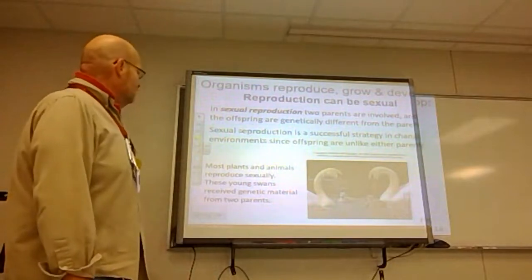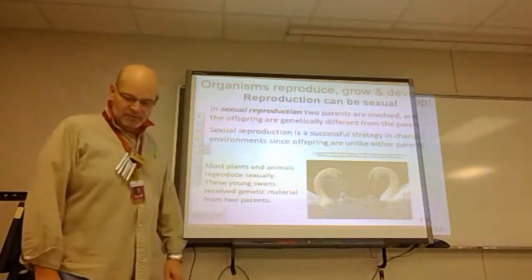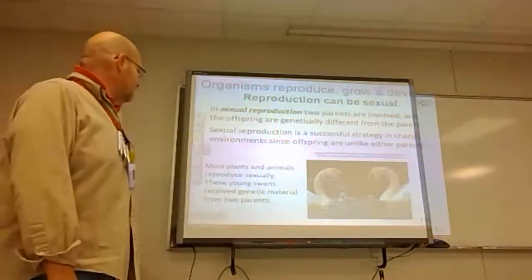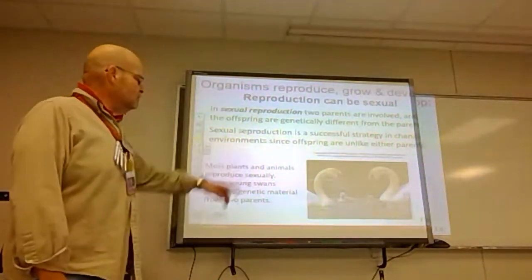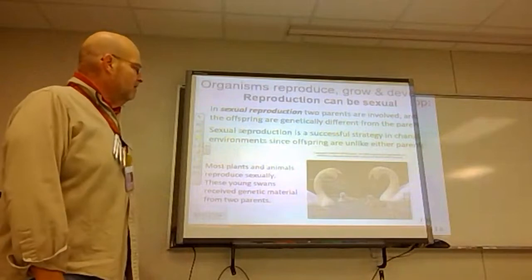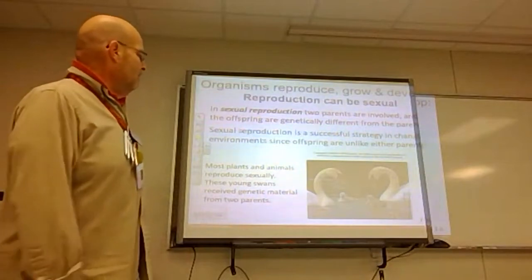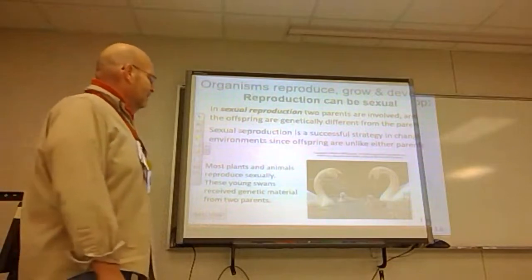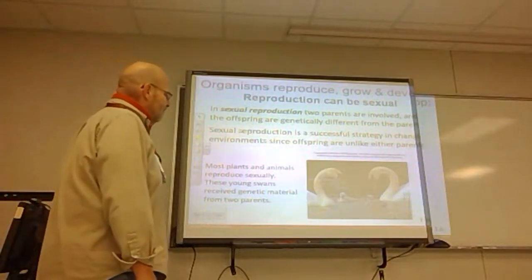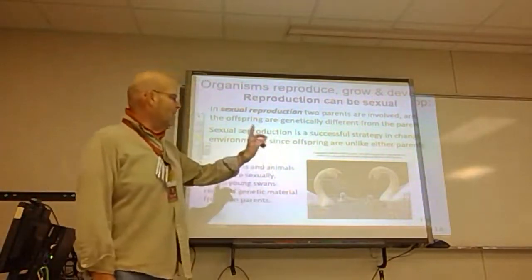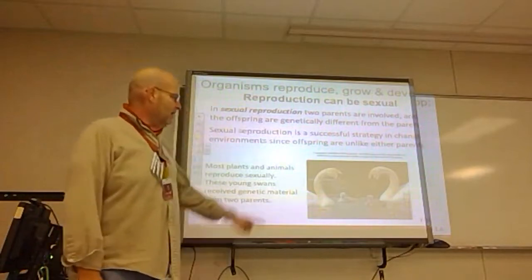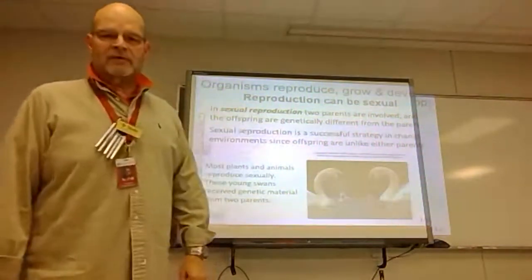Most plants and animals reproduce sexually. Yes, plants do in fact reproduce sexually, and we'll talk about that later on in the semester. These young swans receive their genetics from their mom. If I remember my bird portion of undergraduate school correctly, the male swan is on the right, the female swan is on the left, and you can tell the difference by looking at their necks.